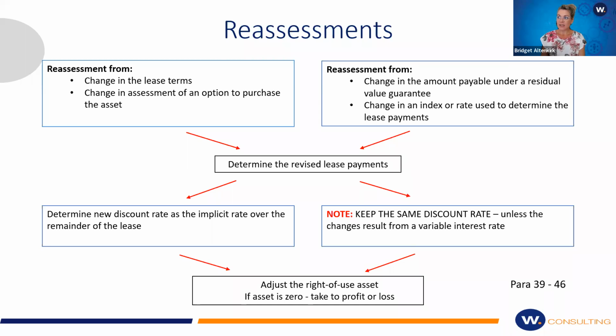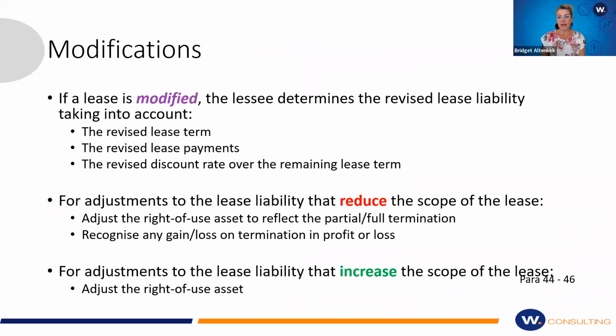So IFRS 16 is quite clear in that depending on what is changed, it may be necessary for the lessee to update the incremental borrowing rate which they use. There may be cases where there may be changes to the liability, however, the lessee must continue to use the same initial incremental borrowing rate.